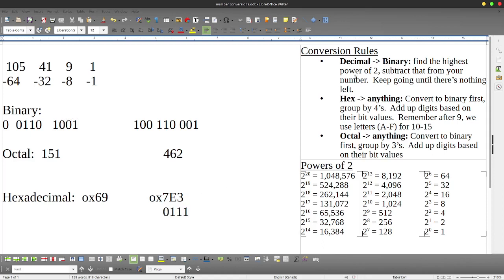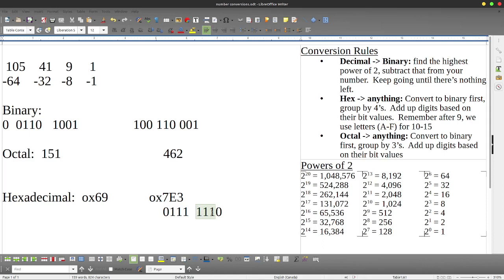E is, I gotta think for a second, 14. So we need to convert 14 into binary now, which is 12 plus 2, so that's going to be 1, 0, 1, 0, right? 1, 2, 4, 8, no, that's 8. 8 plus 4 is 12, plus 2.